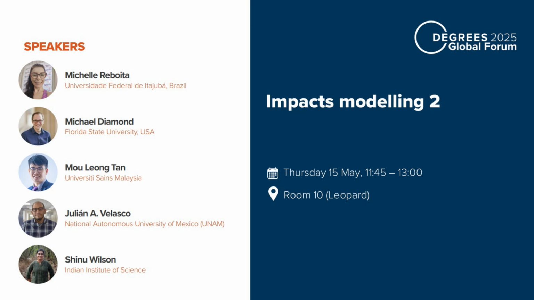Julián talked about species and showed that in his study there is a negative impact of SAI on amphibians, mammals, birds, and reptiles. And our last speaker, Shinu, talked about the impacts of SAI on the monsoon circulation, and one interesting result is that the Somali jet speed is restored under SAI.